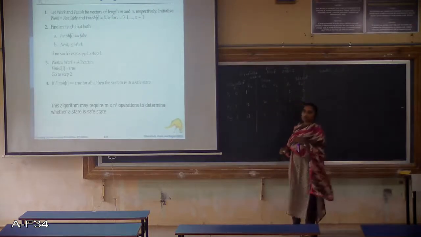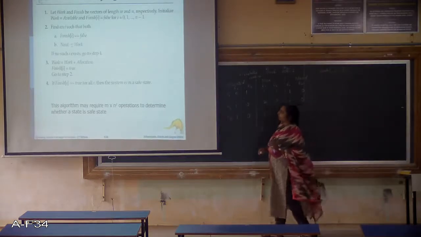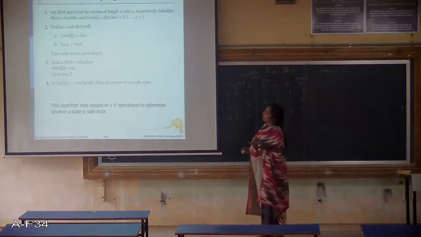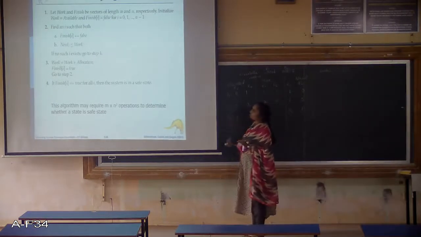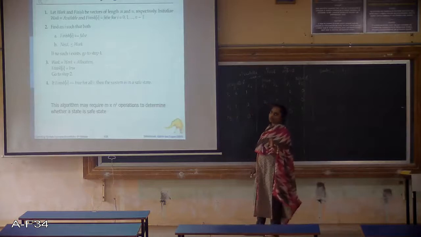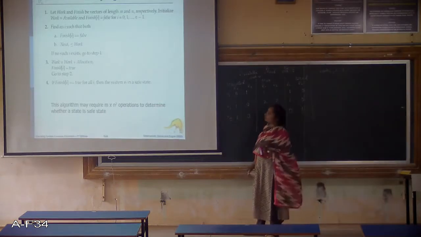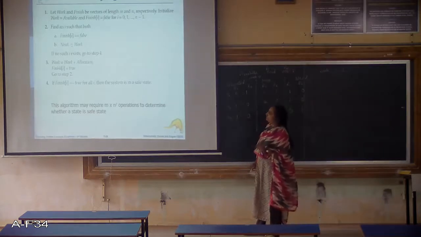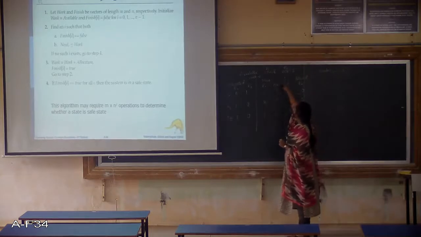So it is the sequence in which all these three processes finish execution without any hurdle. Okay. Next, what do we have? Finish of i is equal to false. So finish of P1 is false, finish of P2 is false, finish of P3 is false. All three processes have not finished. They are still in execution. So their finish is false. Next one, need of i is less than or equal to work.